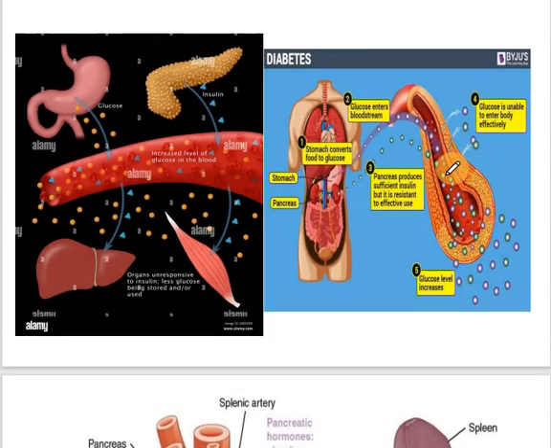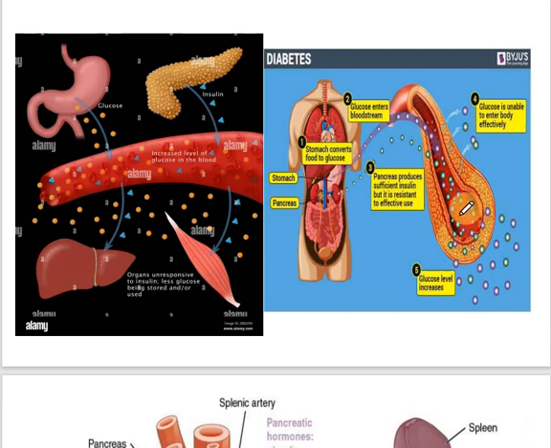So basically, this is the GIT system, the human alimentary canal. What happens is, after digestion, the stomach converts the food that you eat into glucose. Then when this glucose finds itself in the small intestines, it is absorbed from the small intestines into the bloodstream.